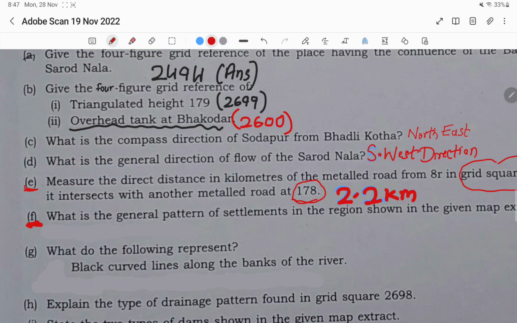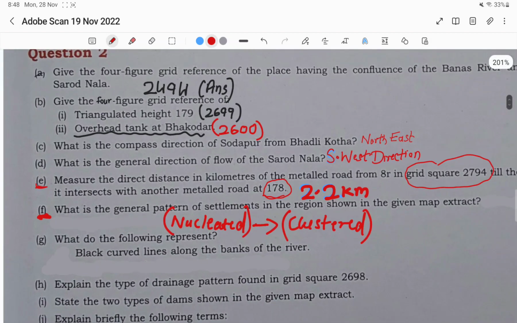There are two names for nucleated: either you say nucleated pattern, or another name for it is clustered. Either way, both will be considered correct.